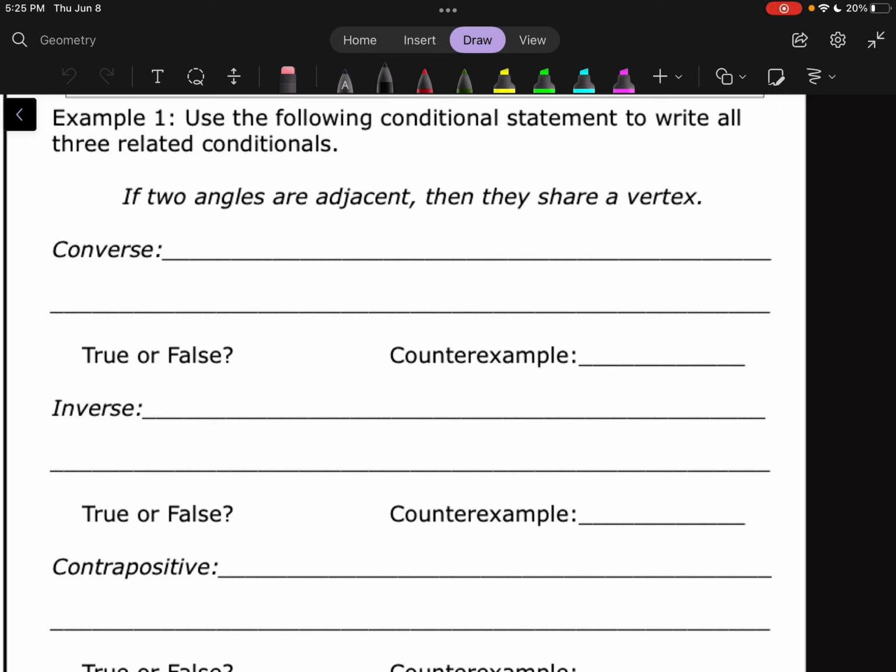Okay, so hopefully you tried these out. I'm going to speed through these things so you can check how you did. For the converse on this one, we would say that if two angles share a vertex, then they are adjacent.